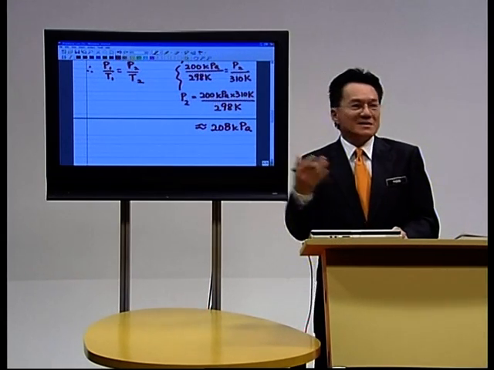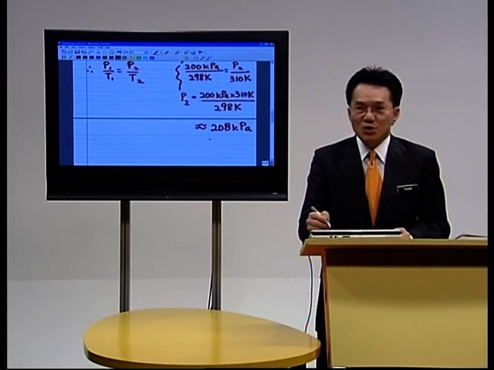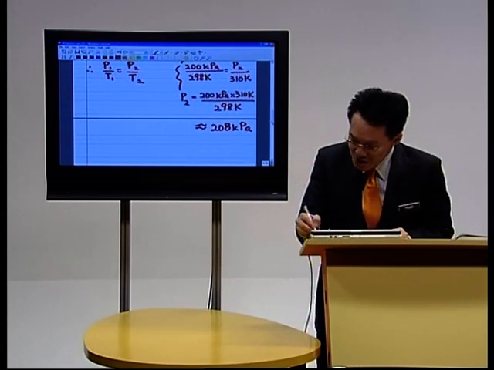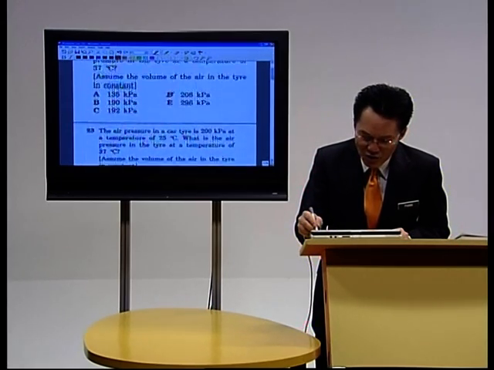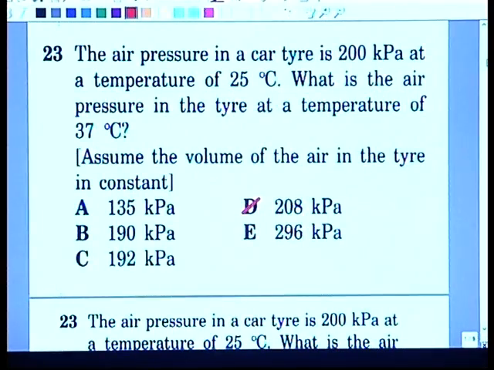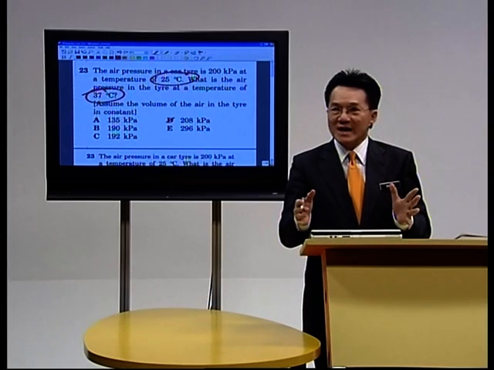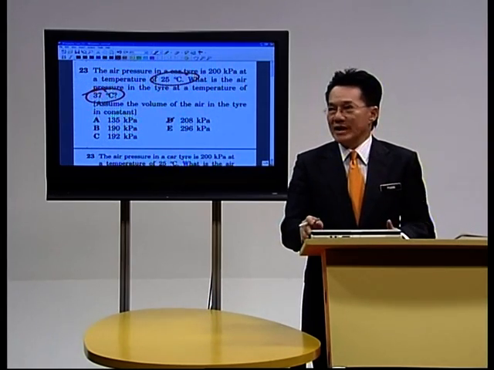Remind your friends, tell your friends every day in school, absolute temperature, then you would not go wrong. In fact, in this question, there isn't any trick in it. The only thing is that students forget that we need to change this 37 degrees Celsius and 25 degrees Celsius to absolute temperature. But once you follow the guidelines, use the formula correctly, you will be alright.